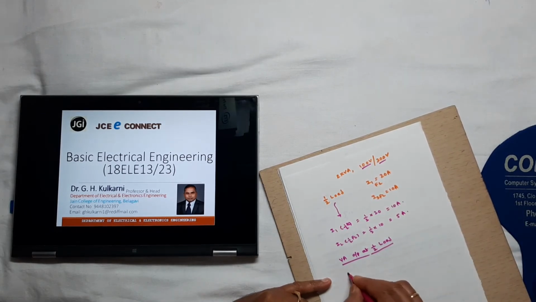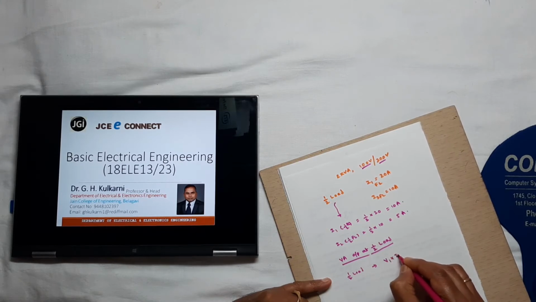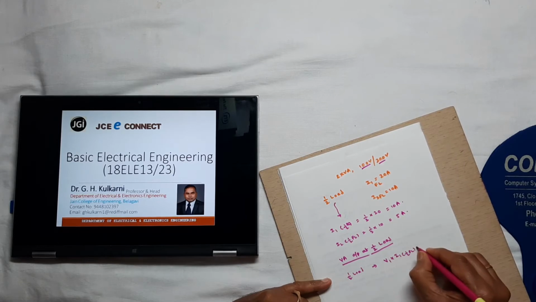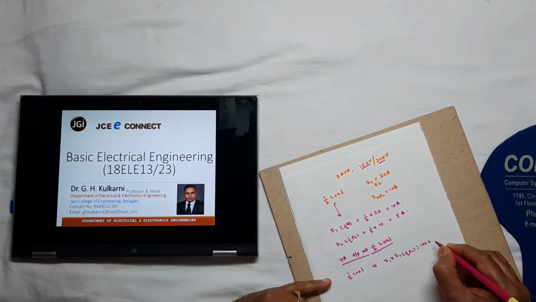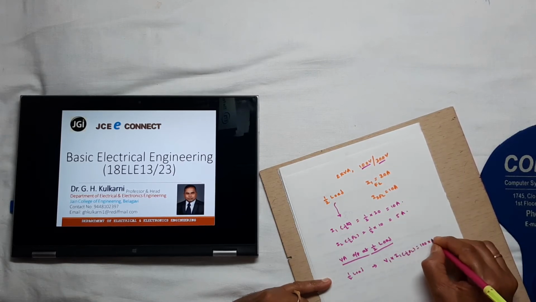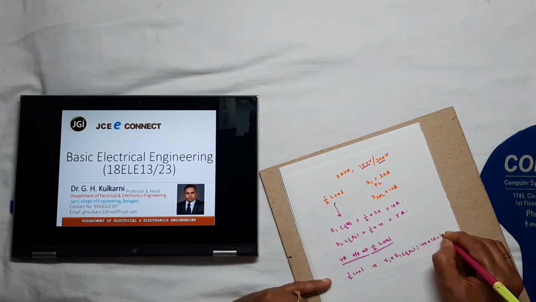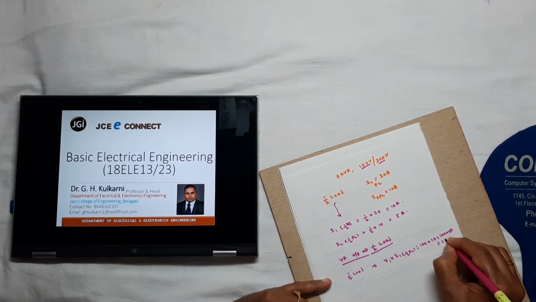At half load, V1 into I1 at half full load. What is that? It is 100 into, what is the current I1 at half load? It is 10 amperes. It is nothing but 1000 volt ampere, or it is 1 kVA.